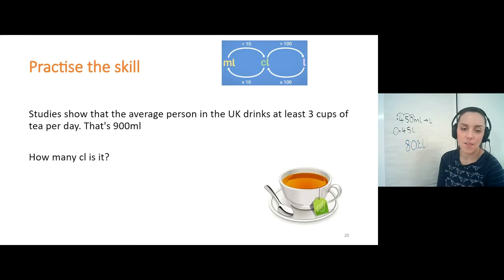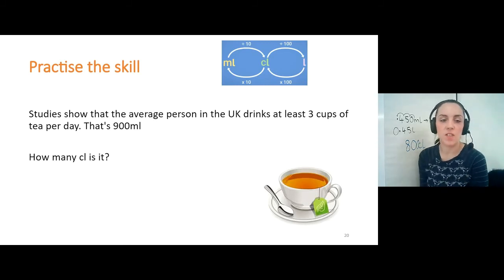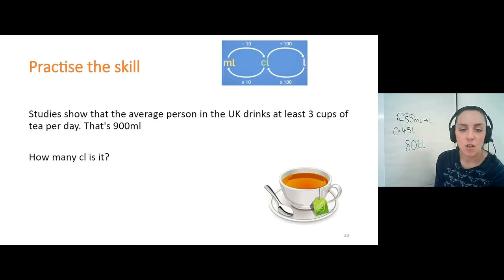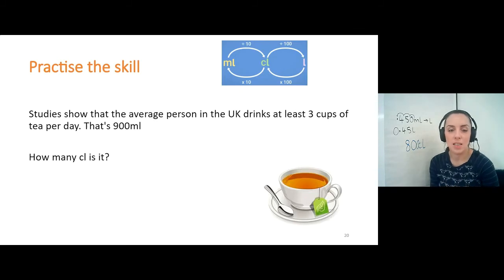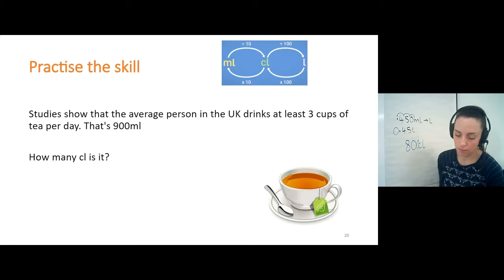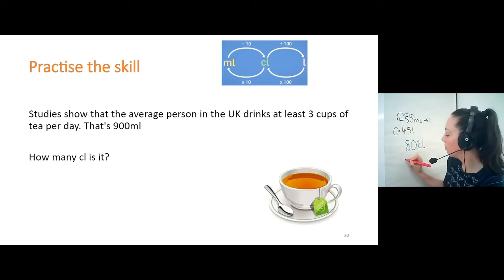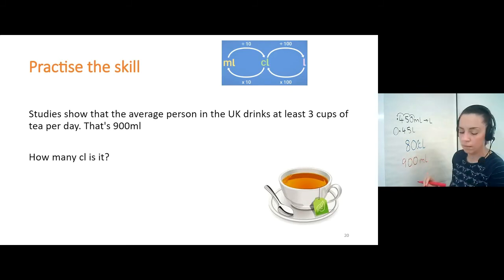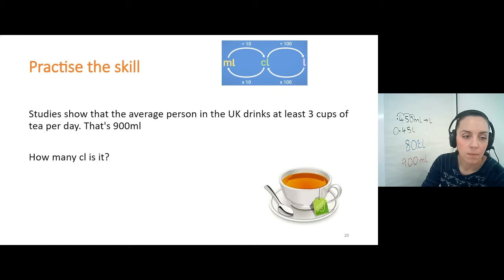Studies show that the average person in the UK drinks at least 3 cups of tea per day. That's 900 millilitres. How many centilitres is this? Yeah, well done everyone.